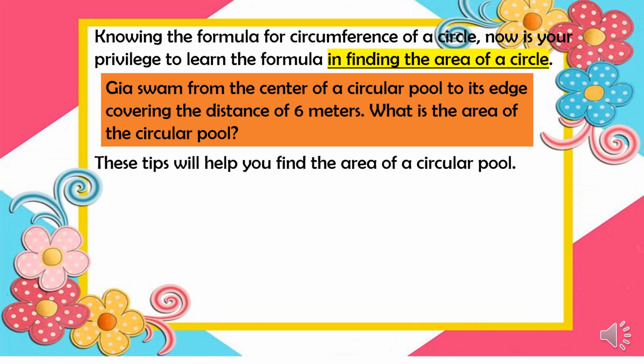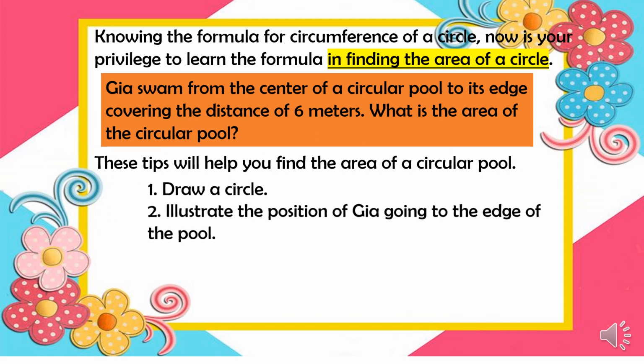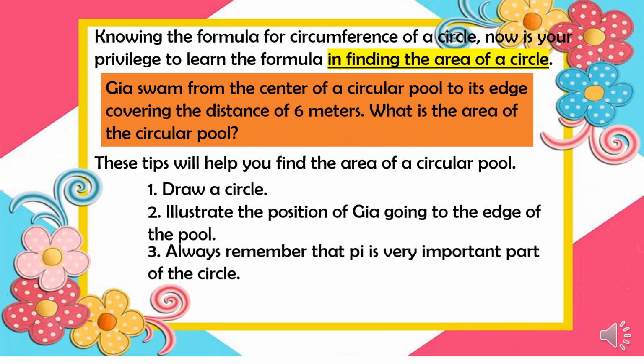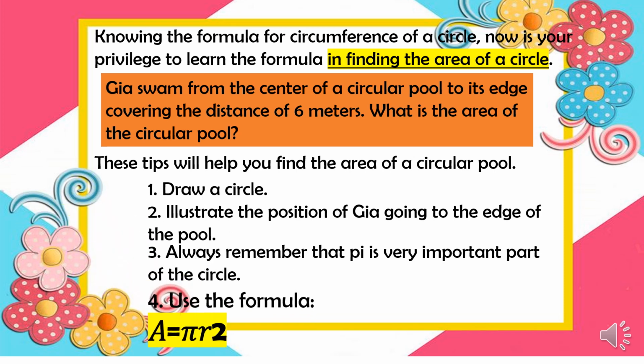These tips will help you find the area of a circular pool. 1. Draw a circle. 2. Illustrate the position of Gia going to the edge of the pool. 3. Always remember that pi is a very important part of the circle, and we can use the formula A = πr².